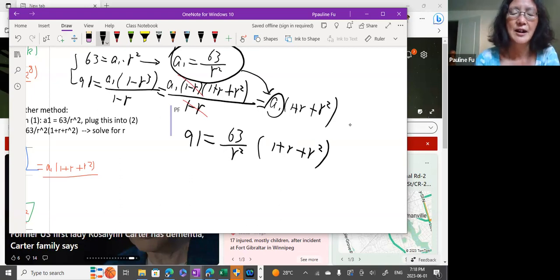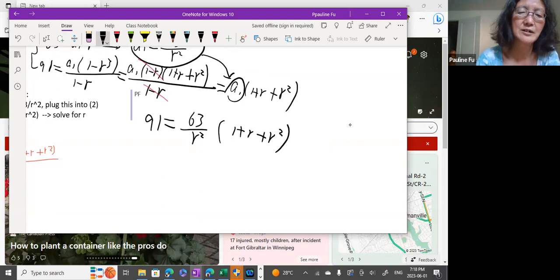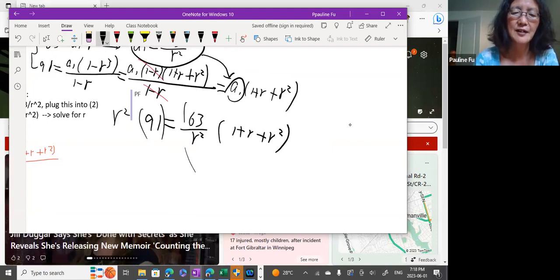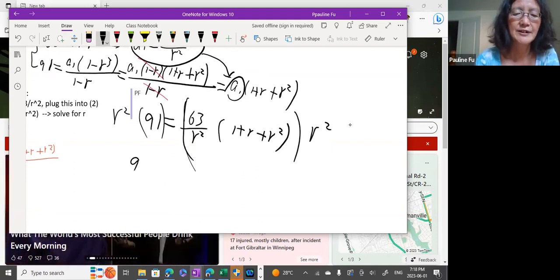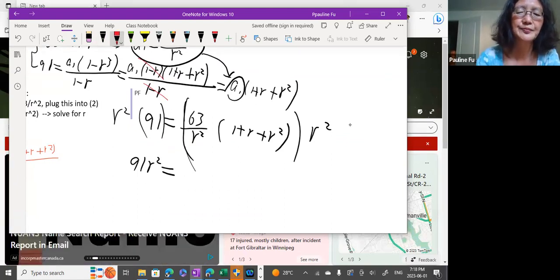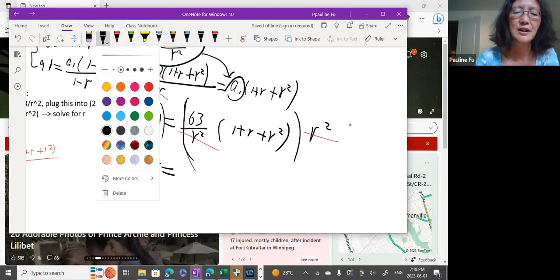And in this equation, both sides, you multiply by R squared. Left-hand side, 91 R squared. Right-hand side, R squared cancels out.